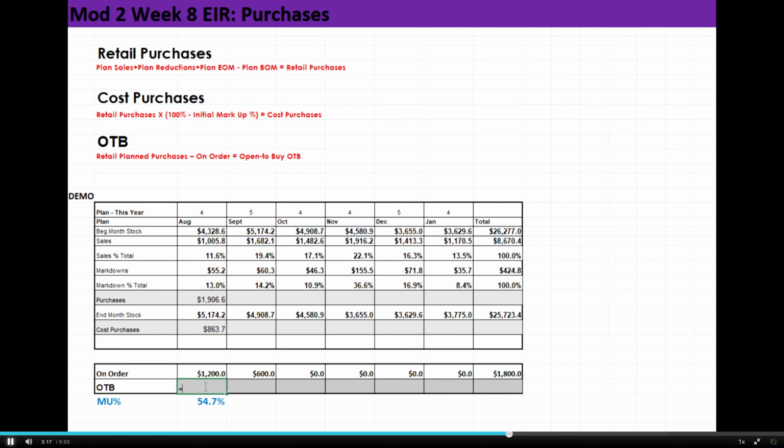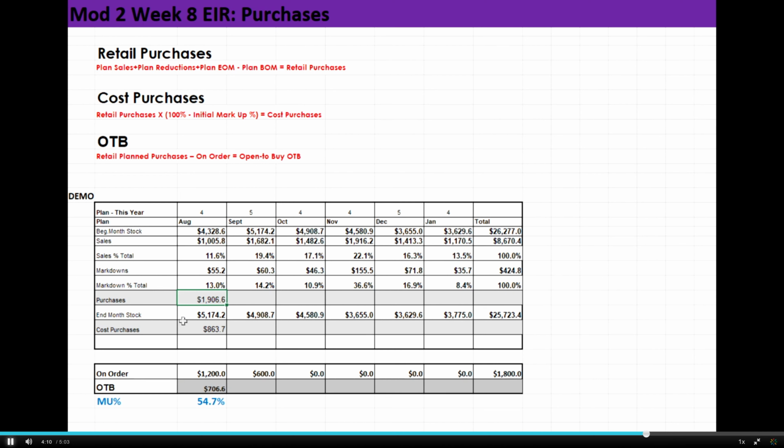So here we're going to apply that formula, purchases minus on order is our open to buy. In this particular case, it tells us we have $1 million. So here's what we're going to do.